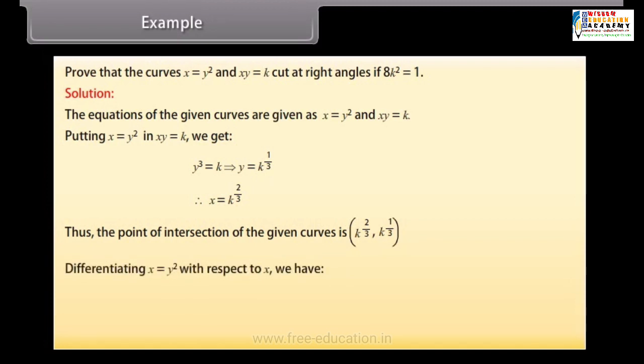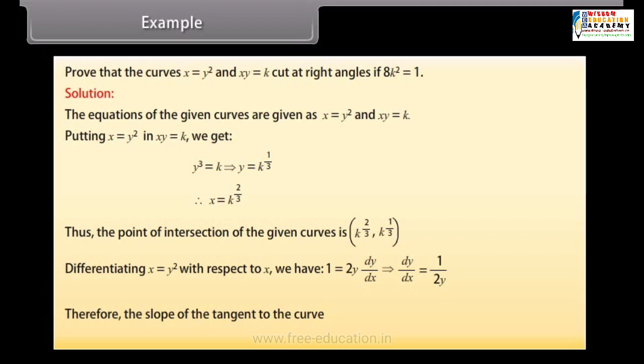Differentiating x = y² with respect to x, we have 1 = 2y dy/dx. It implies dy/dx = 1/2y. Therefore, the slope of the tangent to the curve x = y² at (k^(2/3), k^(1/3)) is dy/dx at that point, which is 1/(2k^(1/3)).